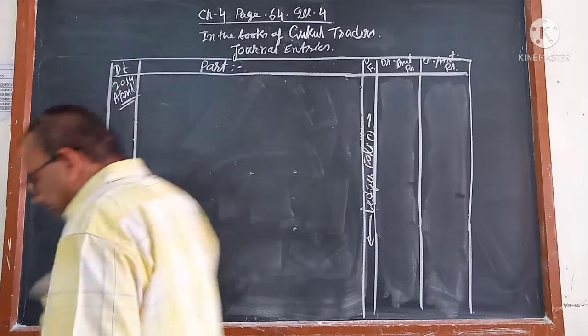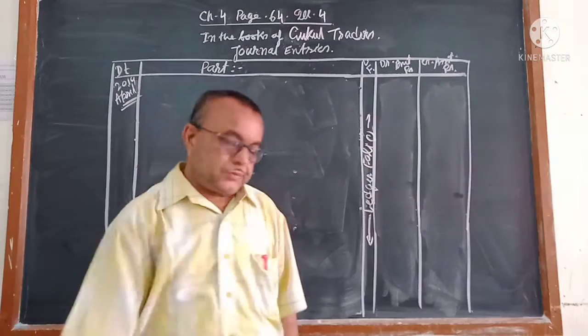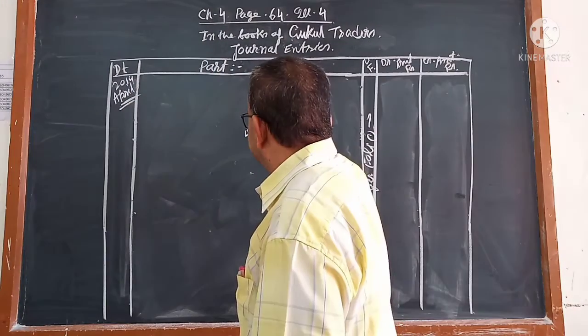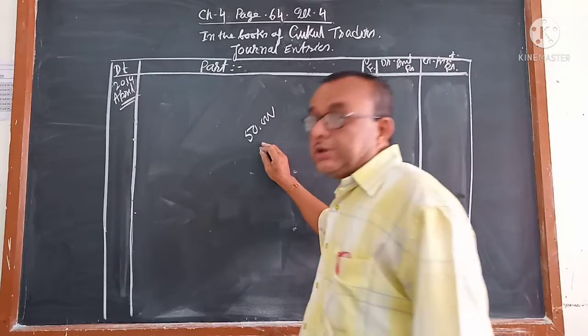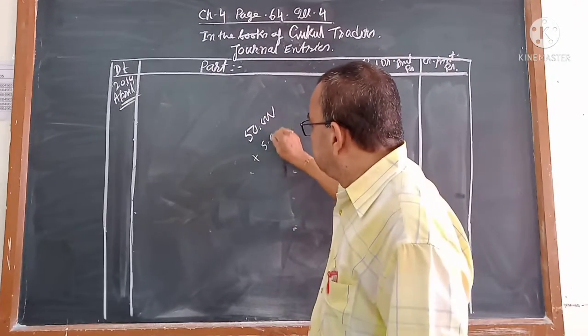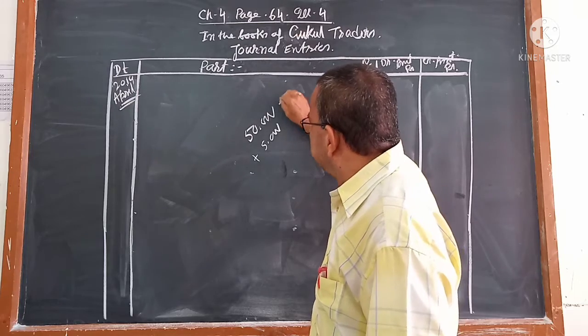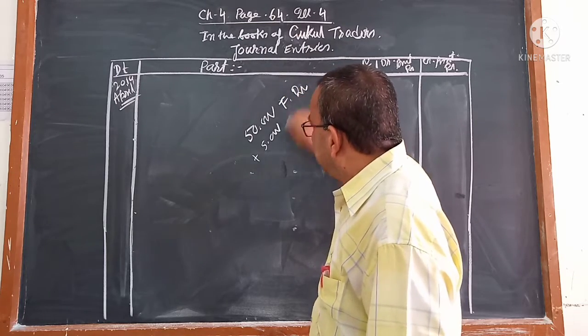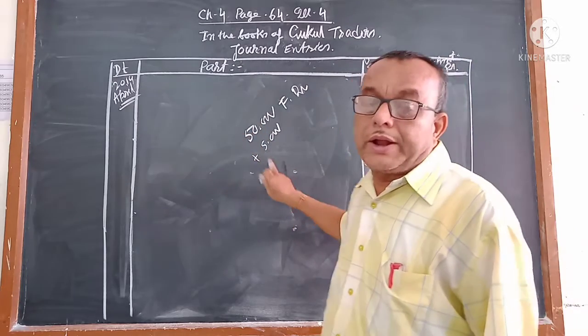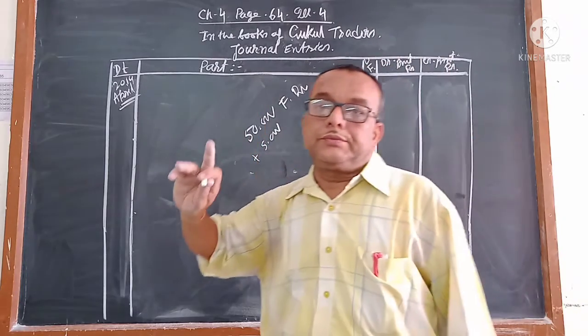Rules are, if you buy assets, suppose you purchase a furniture which cost 50,000, and for bringing cost, carrying cost, you paid 5,000. Then furniture account will be debit, and this is carrying cost for the furniture, so carrying cost account will not debit.